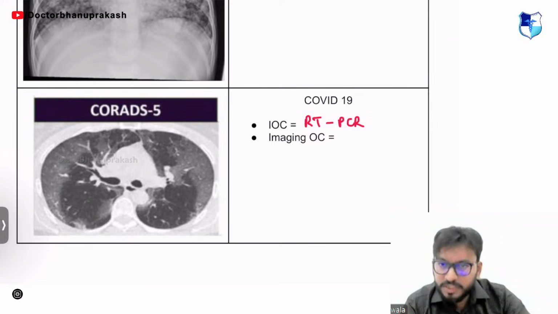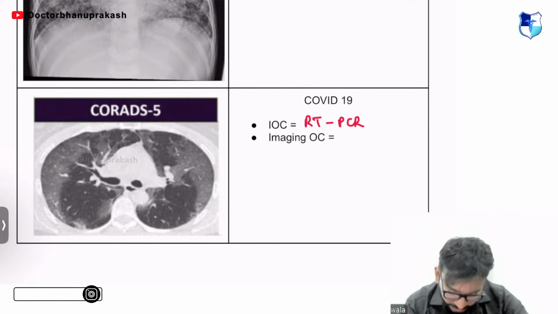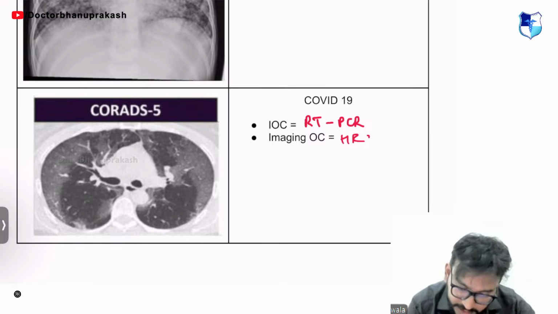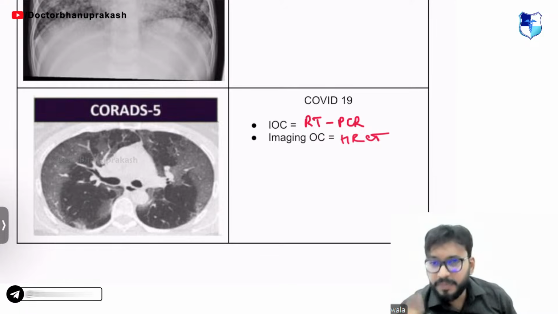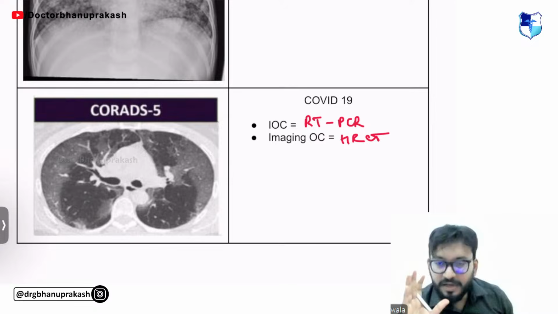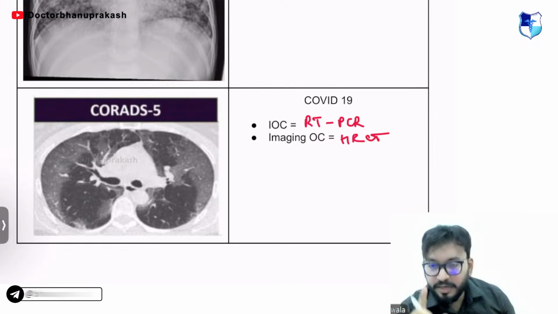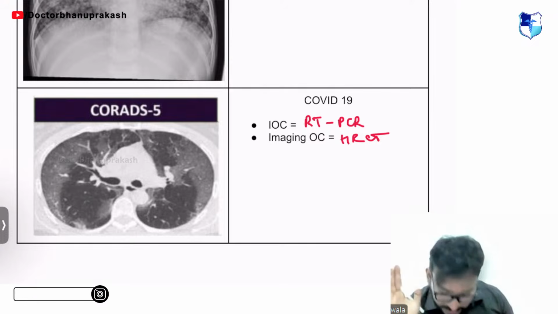Investigation of choice has to be RT-PCR. The imaging investigation of choice, here your answer will be HRCT chest. Guys, please don't mess this up. This is a very commonly tested area, very prone to confusion. Investigation of choice, RT-PCR. Imaging investigation of choice, HRCT.